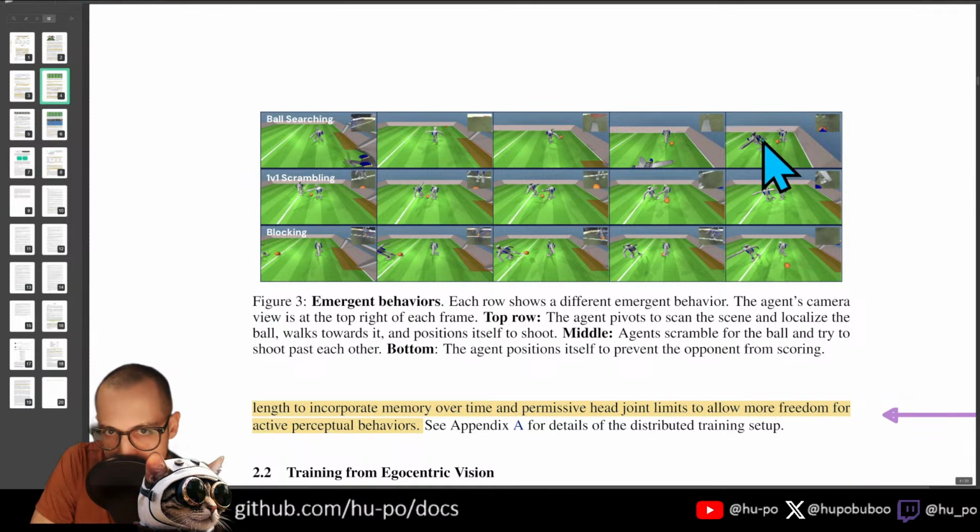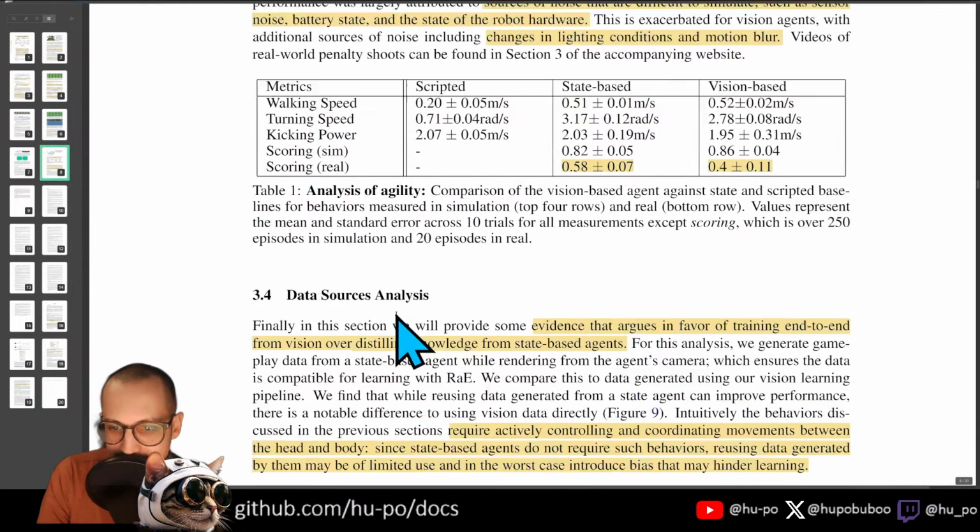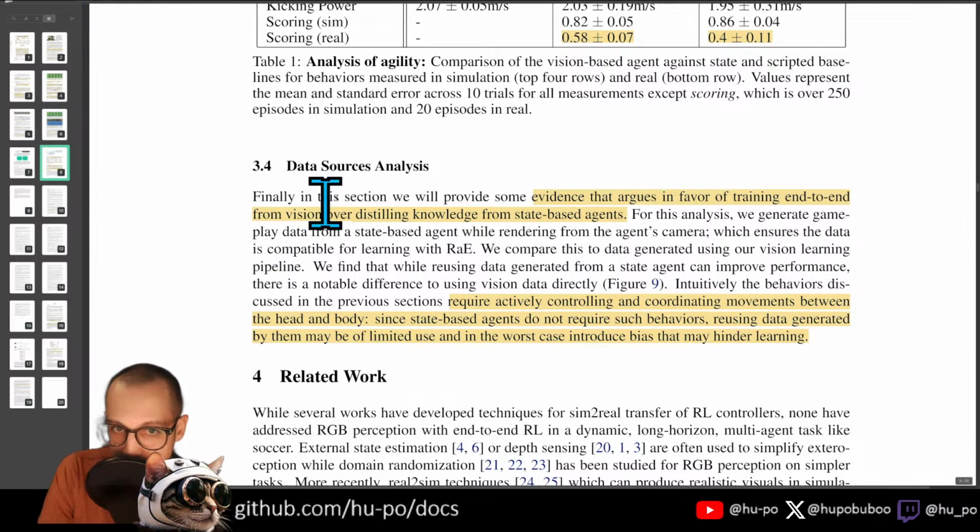If you were trying to distill an agent from a state-based agent, you would never get this ball searching behavior, because the state-based agent knows where the ball is at all points, right? It knows where that ball is because it's getting given that exact ball position. So it never needs to do this little head movement because it knows exactly where the ball is. So the only way that you got this emergent ball searching behavior is because you were training from scratch using vision, as opposed to distilling from state-based agents.